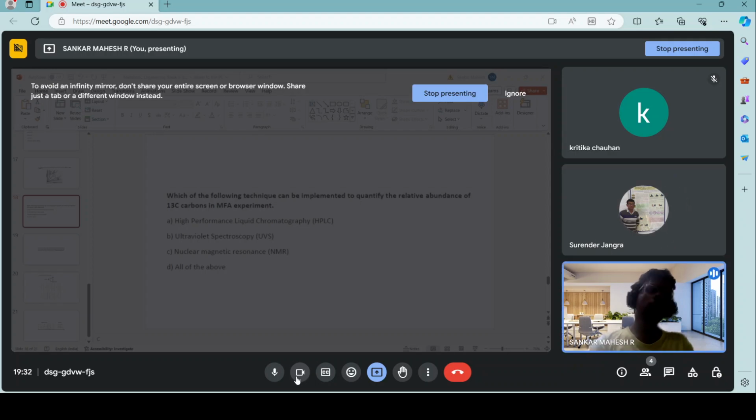The basis of NMR is suitable for estimating radioactively labeled substances, and you get chemical shifts, which is sufficient. Yeah, Kritika, do you want to explain why the other two options are not right?